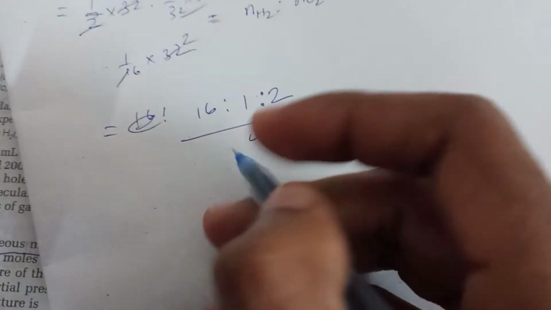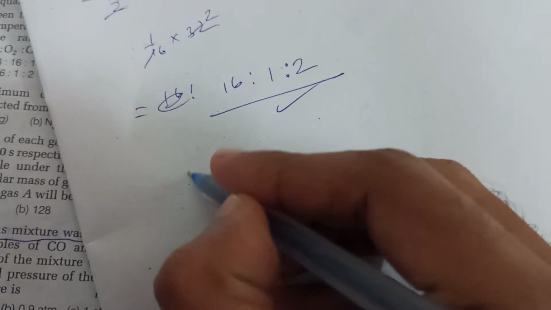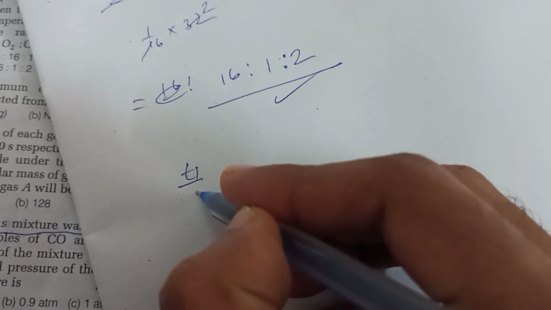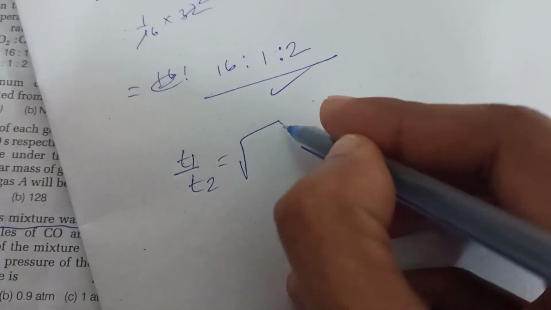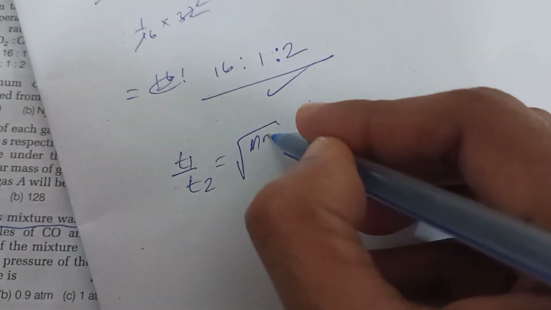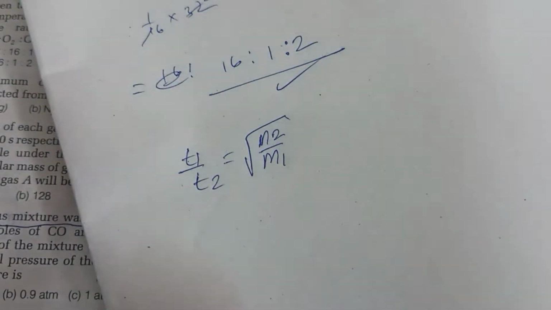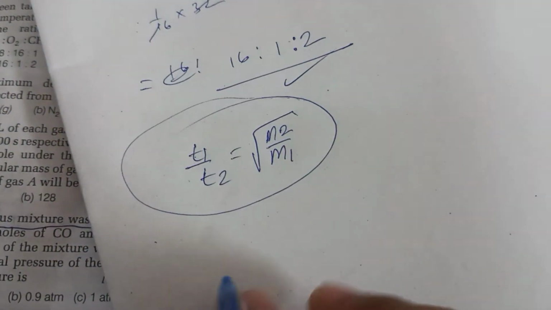Look here, we know the formula T1 by T2 is equal to root over M1 by M2. This is the formula to solve this question.